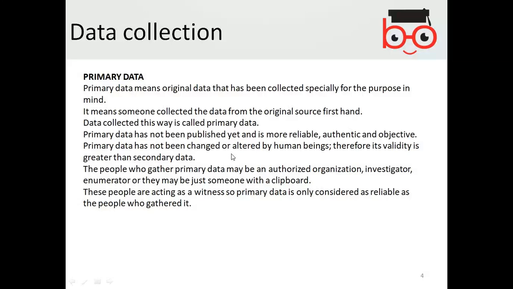That's why primary data is more authentic. People who gather primary data may be an authorized organization, an investigator, an enumerator, or just someone with a clipboard. Whoever created the data is the originator, investigator or enumerator of the data. These people act as witnesses. So primary data is only considered as reliable as the people who gathered it. Okay.